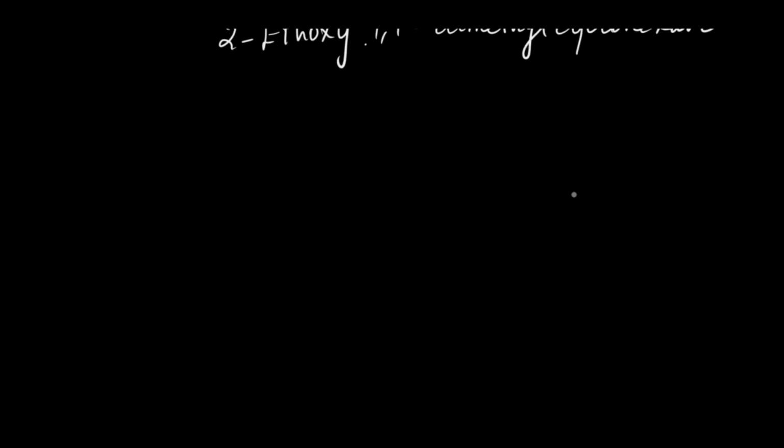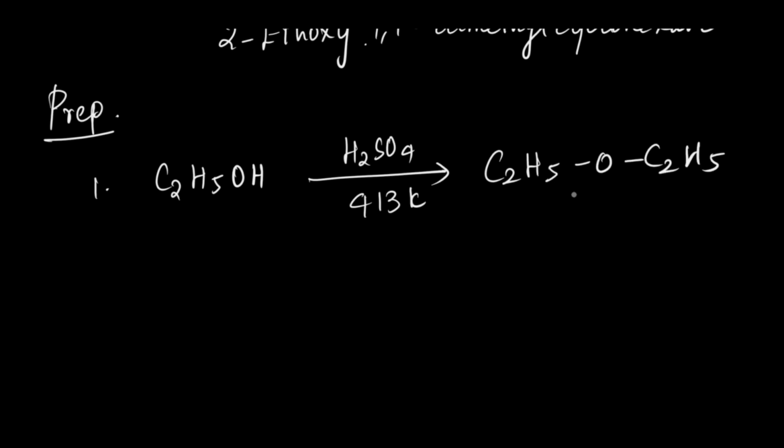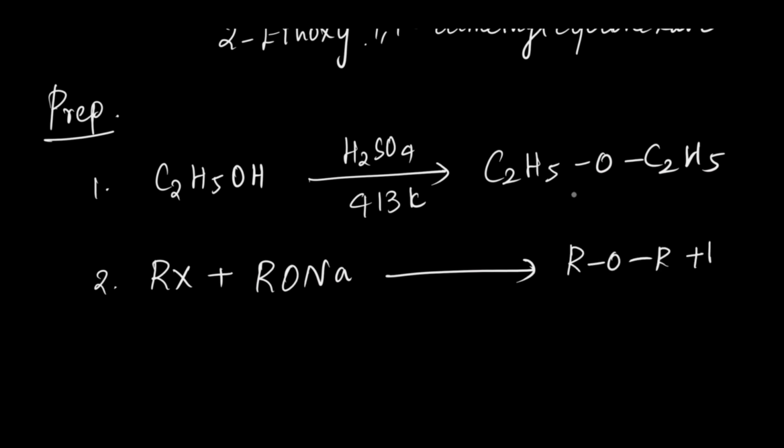What are the preparations of ethers? We already saw that from ethanol using sulfuric acid at 413 Kelvin leads to the formation of diethyl ether, C2H5 O C2H5, and with RX and RONa, that is called Williamson synthesis to form ethers.